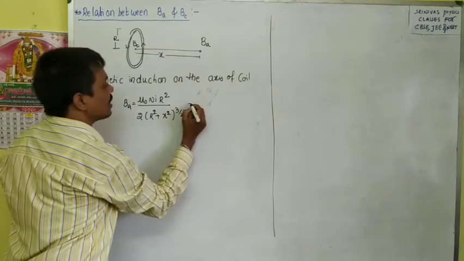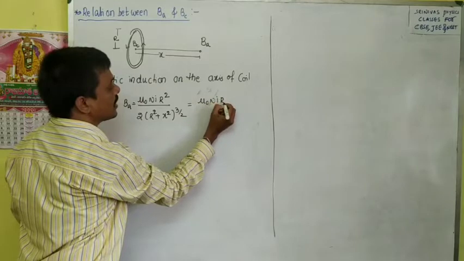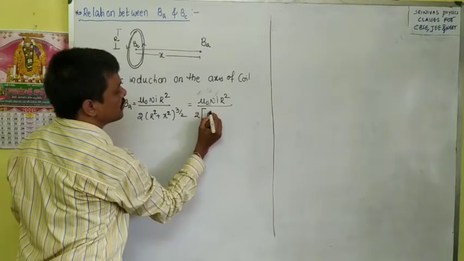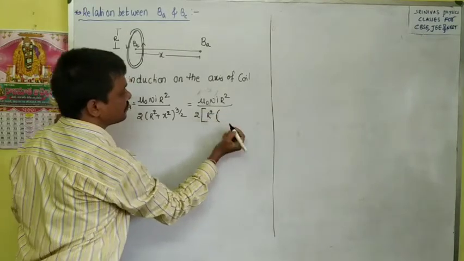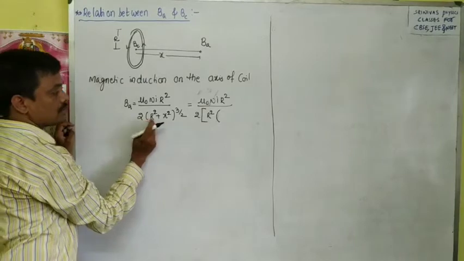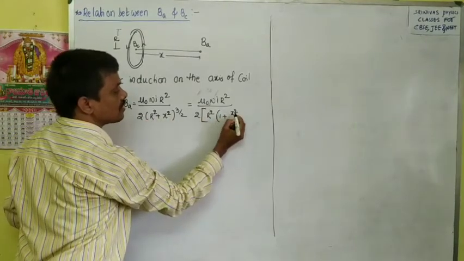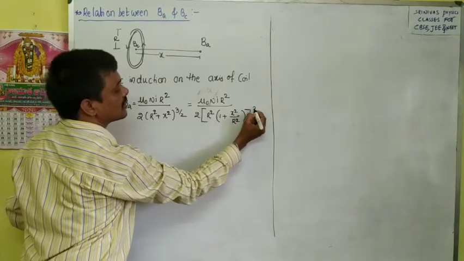In this I will take r square common in the denominator. Then r square common means 1 remains, and x square by r square remains, whole power 3 by 2.